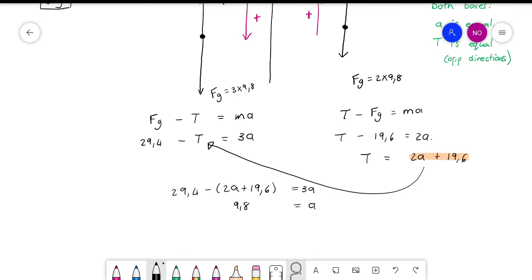Ek hom nou reg uitgewerk. No, sorry, that becomes 5A. Hy word mos negatief.